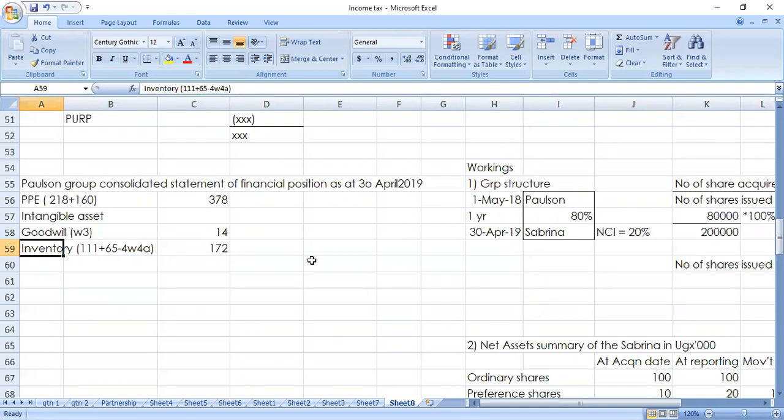The intercompany transactions include the sale of motor vehicles or non-current assets, sale of stock, normal stock, like it is in this case. You have things like intercompany balances, loans, all those are intercompany transactions. They don't occur.